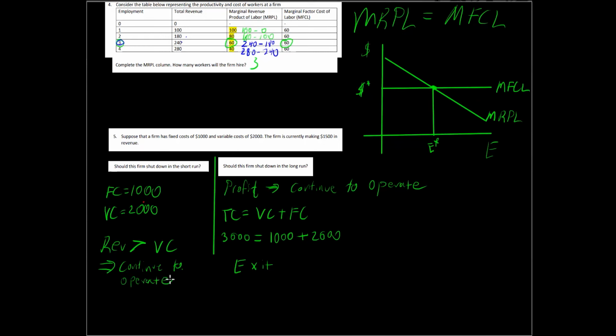The logic here is that if you can cover all of your variable costs, then you have at least something you can put towards your fixed costs that you're stuck paying regardless. But if you shut down, your revenue drops to zero and you're stuck with the fixed cost still. So let's think about the example of this firm specifically. We can see that the revenue is 1,500 and the variable costs are 2,000. So we're in violation of our rule here. Revenue is less than variable costs. So this firm should shut down.